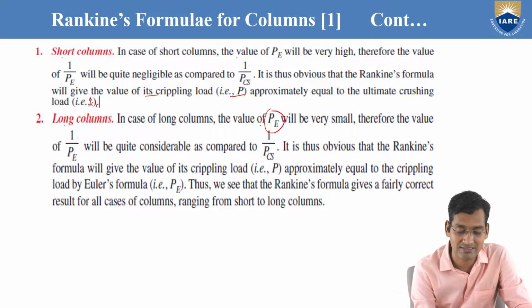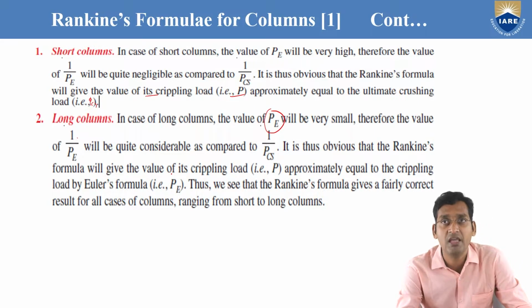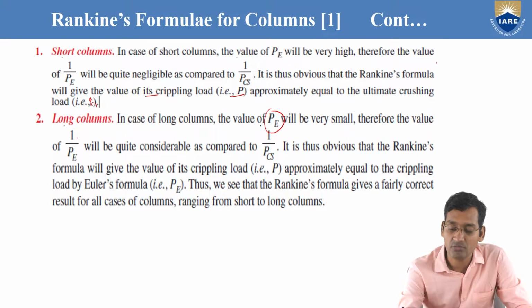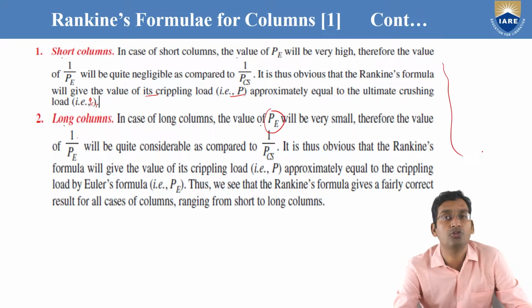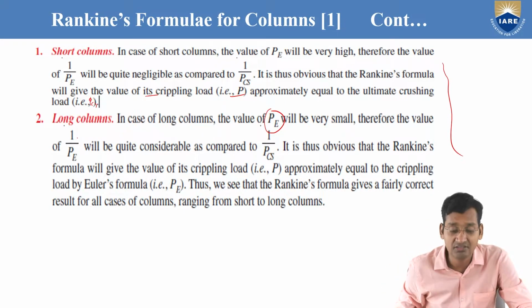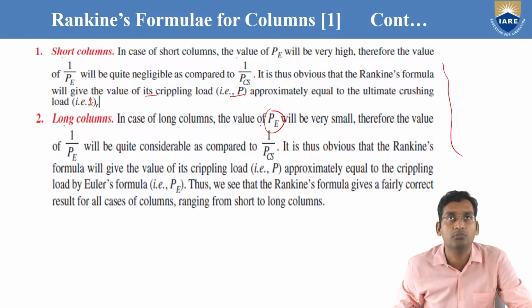Thus we see that Rankine's formula gives a fairly correct result for all cases of column, ranging from short to long. So Rankine's formula we can use for both short or long columns, but Euler's formula we can apply for only long columns. Hence, Rankine's formula is valid for both.